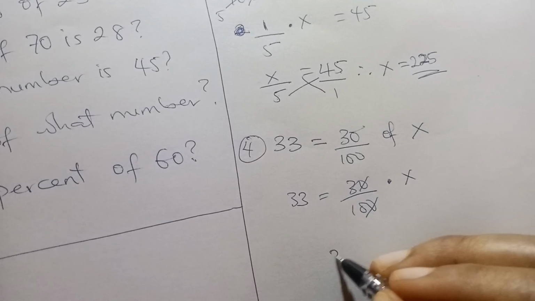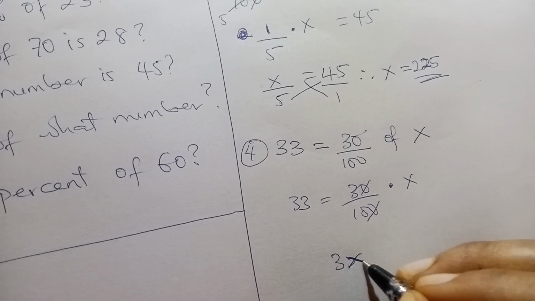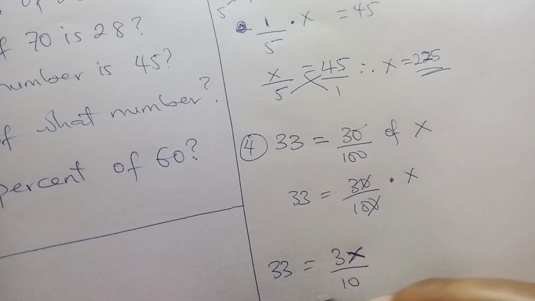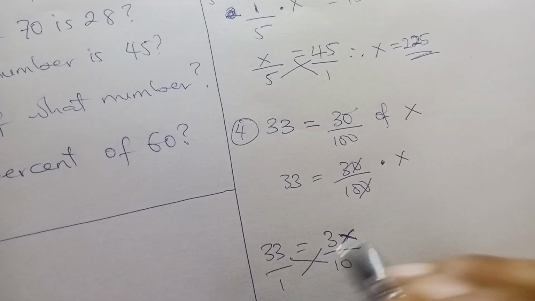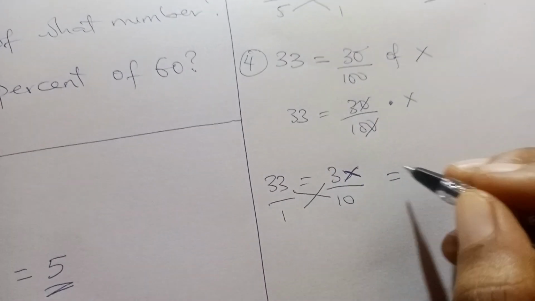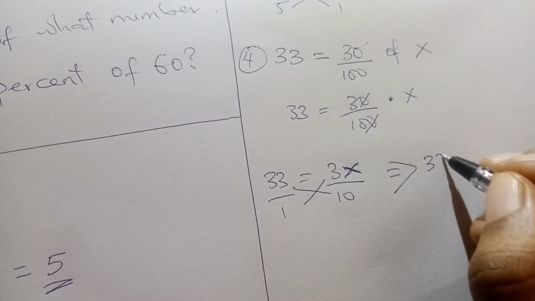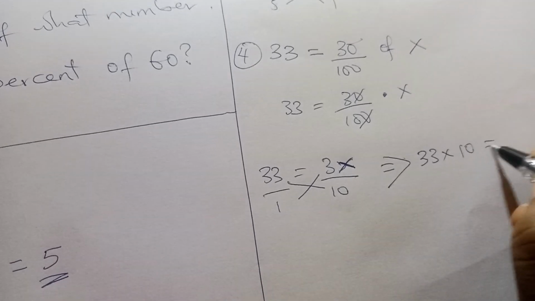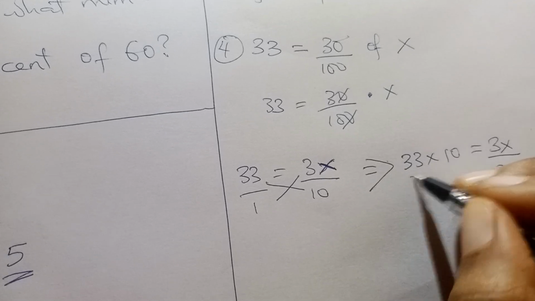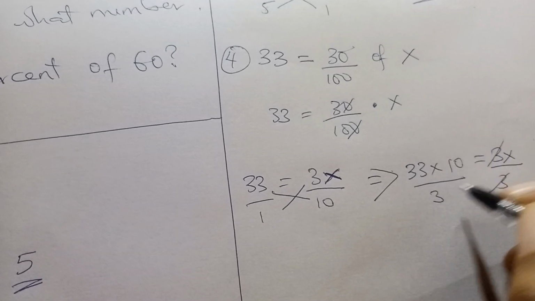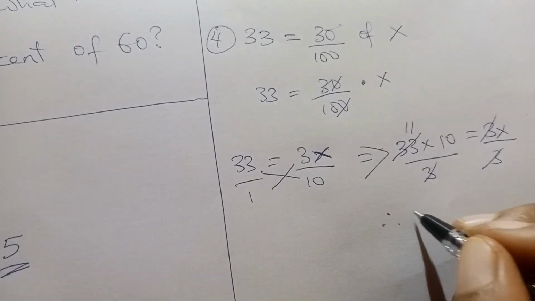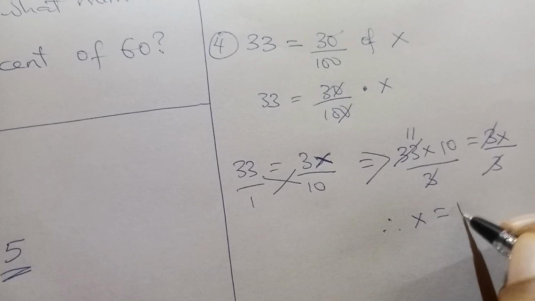So this will be 3x over 10 over 1, cross multiply, and then we have 33 times 10 equals 3x. You divide both sides by 3, and you have 11 here. So therefore our x is 110.